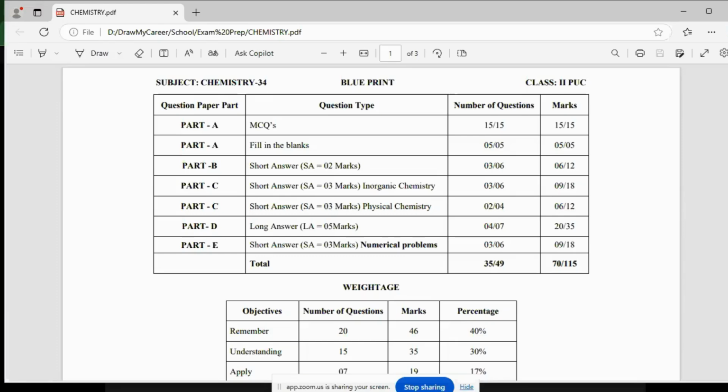For example, I cannot assure you that the MCQ will come from solutions, or that the fill in the blanks will come from solutions only. What I've seen is that the number can change. When I referred to previous question papers and the model question paper, little changes can happen here and there. So this much I can guarantee you: from physical chemistry, 4 MCQs will come and 1 fill in the blanks question will come.